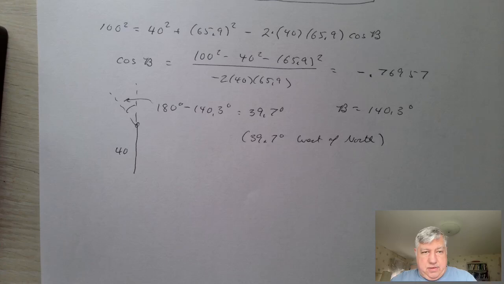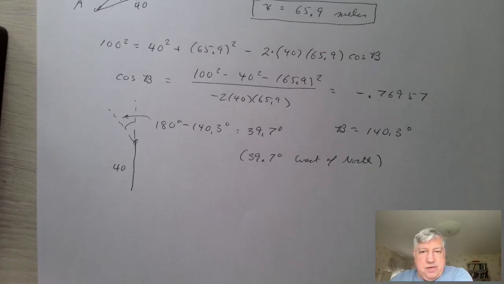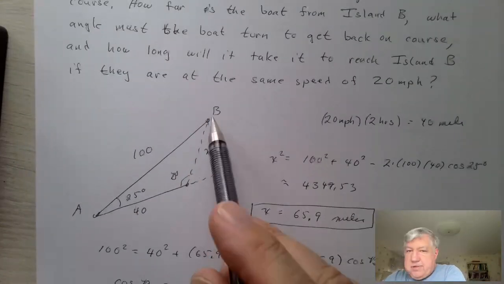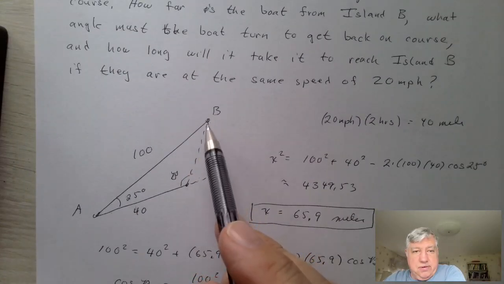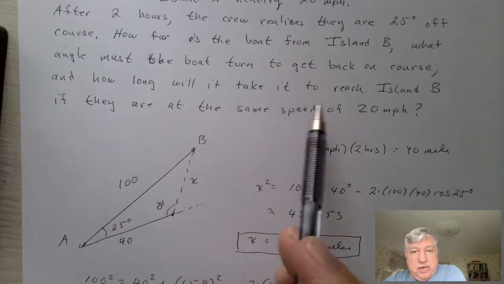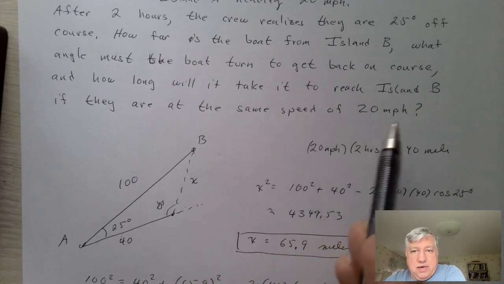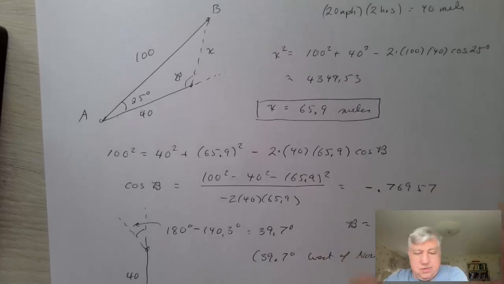All right, so that's what we would want the boat to turn, and then the last part might be the easiest part. We have to go this distance. How long will it take to get there? Well, this is the distance. The constant rate is 20.